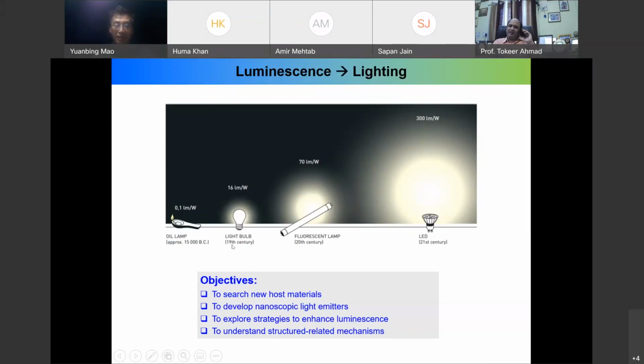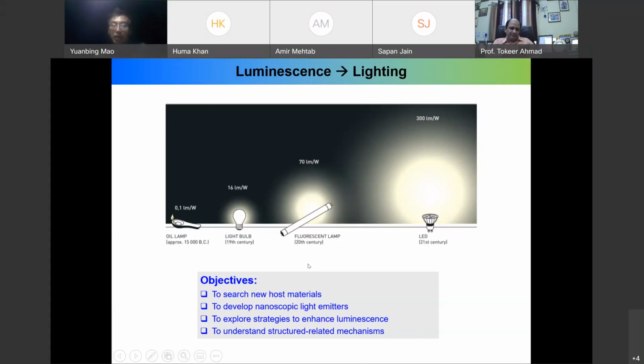And then slowly in the 19th century, finally, humankind developed light bulbs, which gave much more light. And then in the 20th century, fluorescent lamps were developed, and they gave higher intensity light. And then in the 21st century, LEDs were developed, and the light is even better. So that gives us a basic timeline.